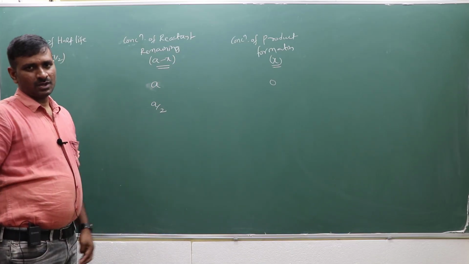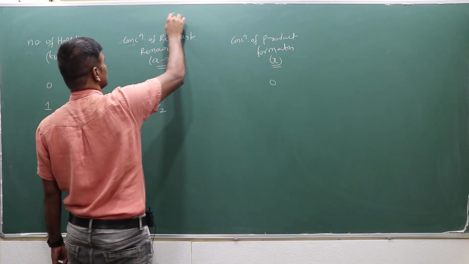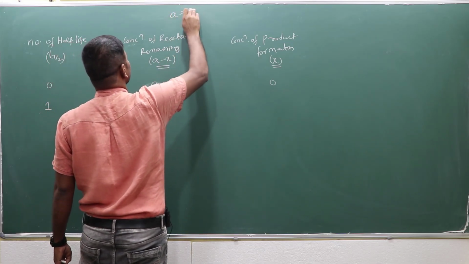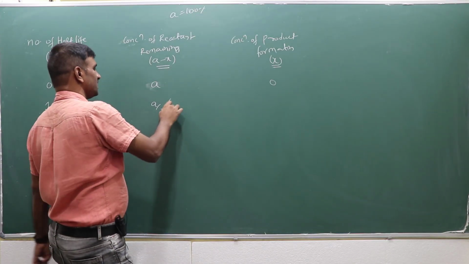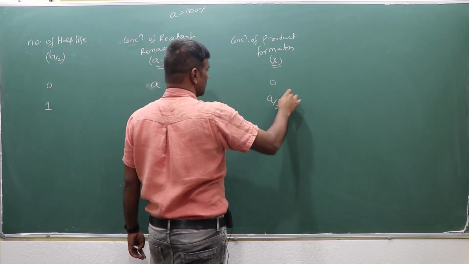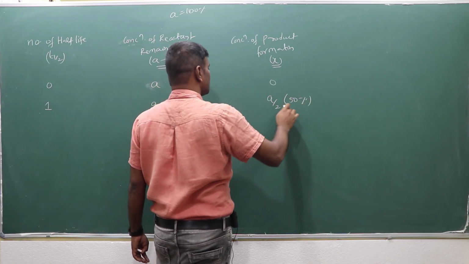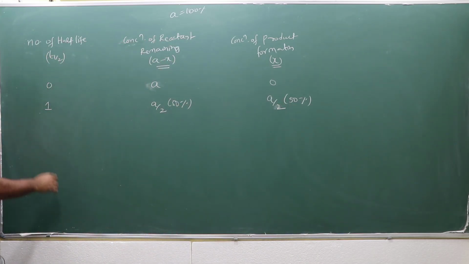A by 2 is left. Suppose you imagine A is 100% initial concentration. Then 50% is left, and how much product formation takes place? A by 2, which is also 50% in the first half-life time.